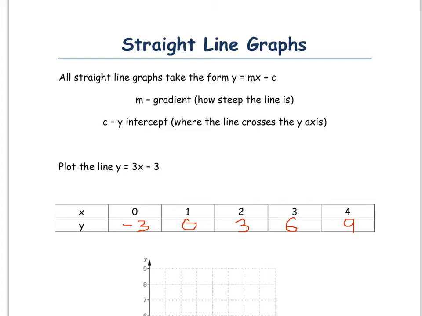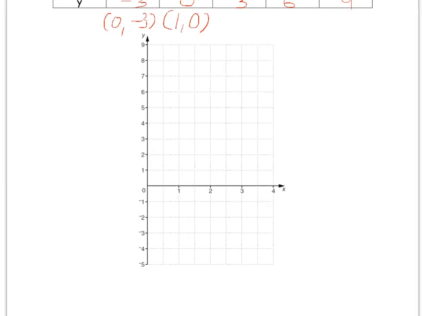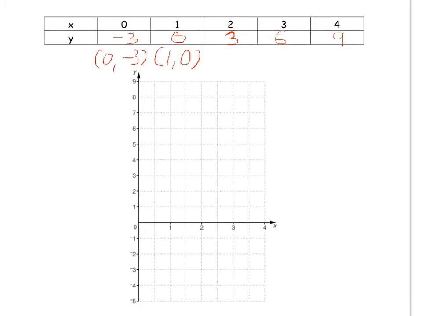Now we've got our pairs of coordinates we can plot onto a grid. So firstly, we've got 0, minus 3, we've got 1, 0, etc. Because remember, coordinates are made up of an x and a y component. Right, here's a grid drawn for us. In an exam, you will be given a grid with an axis that will work for your values. So, we're going to plot our coordinates on here.